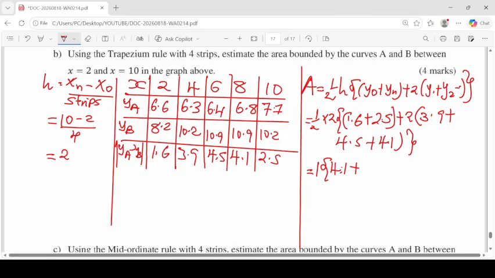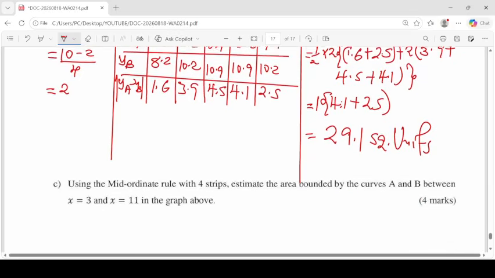You multiply by 2, this is 25. 25 plus 4.1, this is 29.1 square units. So that is the area between the two using the trapezium method. I hope that is very clear.